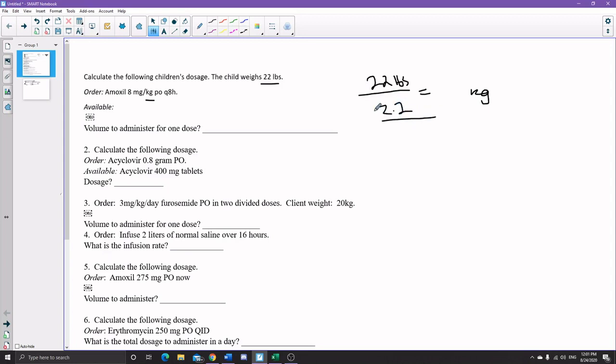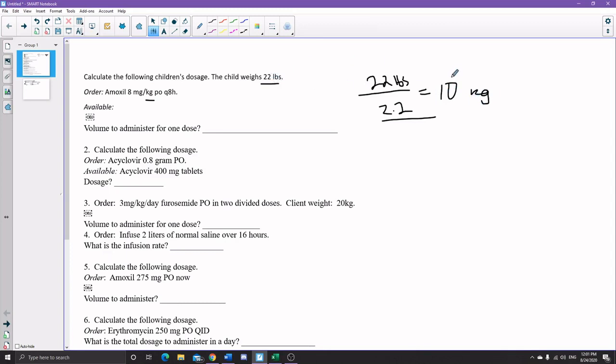This is such a huge thing in these math exams. If you know this, you'll get a lot of questions right. Okay? So you divide that, equals 10 kilograms. The way I see if I'm right is that I know kilograms is less than pounds.